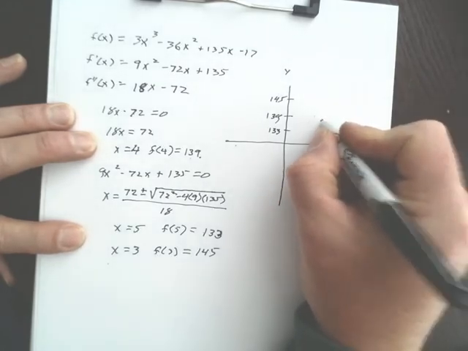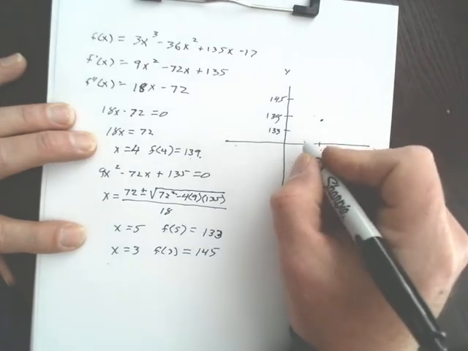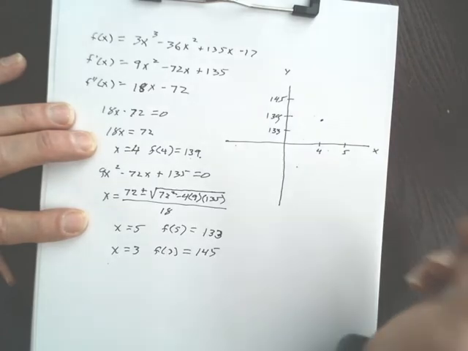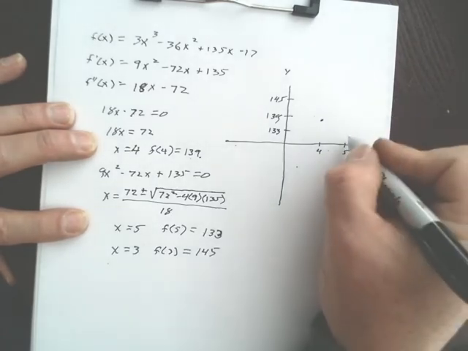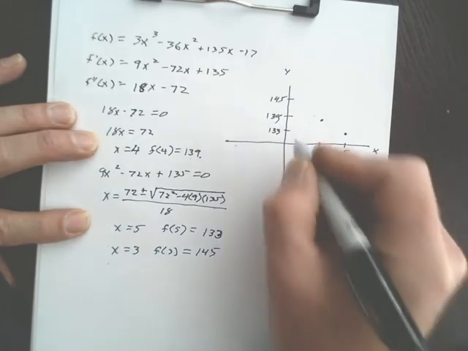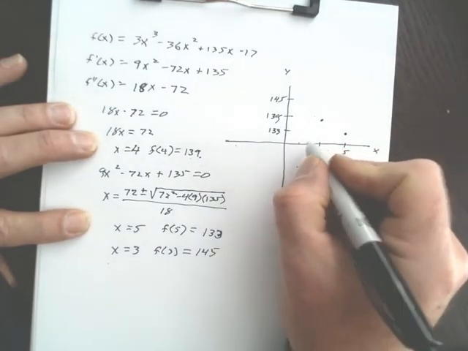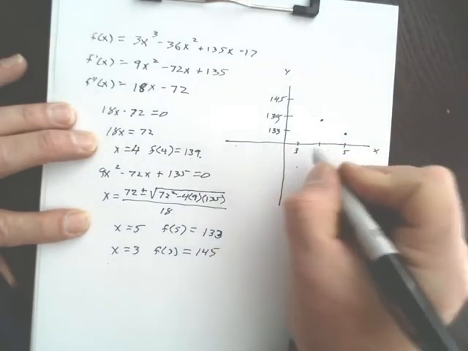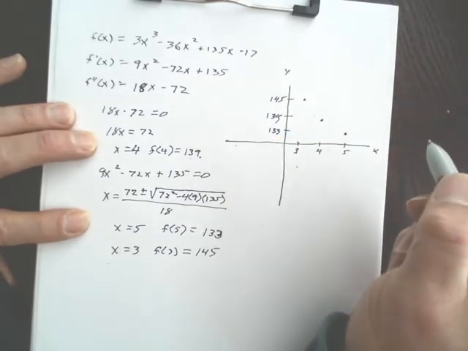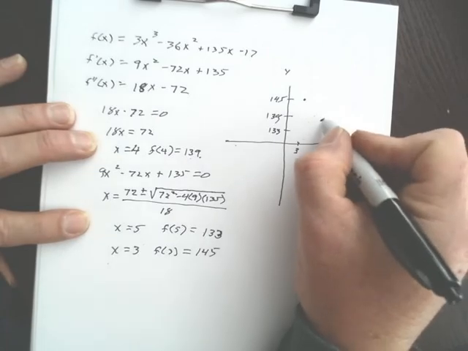So at x equals 4, that's our inflection point. At x equals 5, out here, we've got a critical point, and at x equals 3, back here, we've got another critical point.